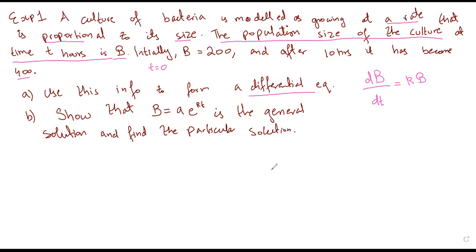And you are not familiar with what general solution is and what particular solution is, so I'll tell you. Whenever you have a differential equation, at the moment it is written as dB by dt equals something. We are not sure about what b is going to be, right? And your end goal is to solve the differential equation.